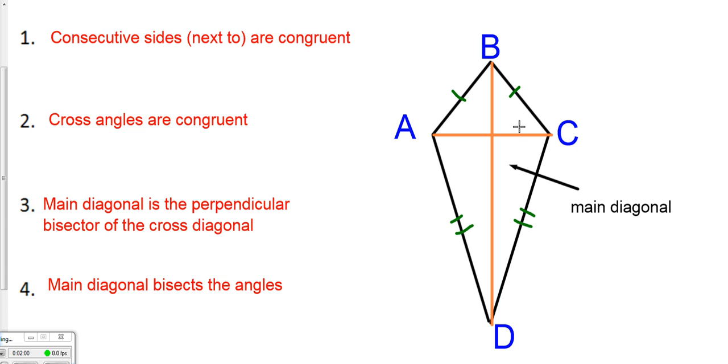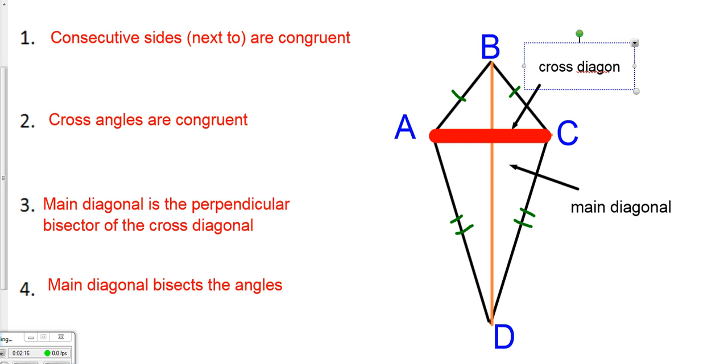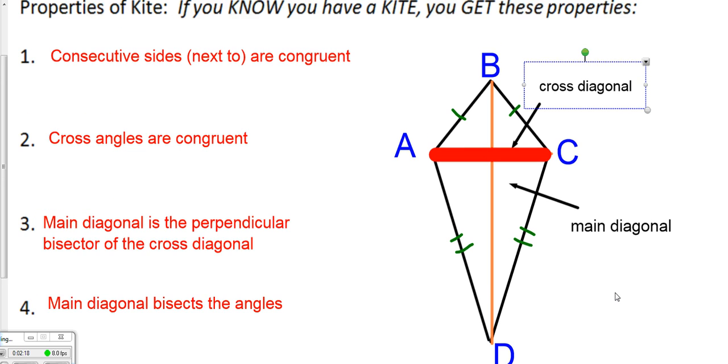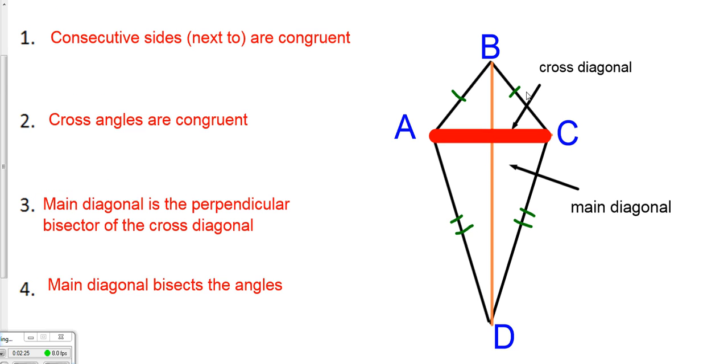There's another diagonal here. This one, maybe I can draw that one in red instead. That one is going to be called the cross diagonal. So it's very important that we distinguish between these two because they're not the same exact diagonal. They have different meanings.